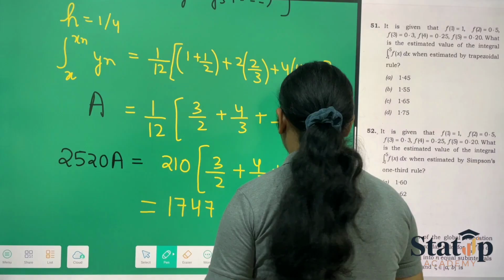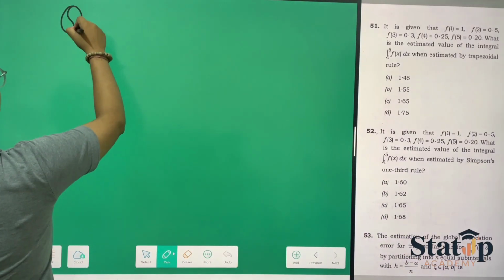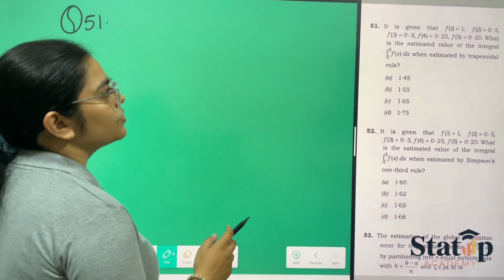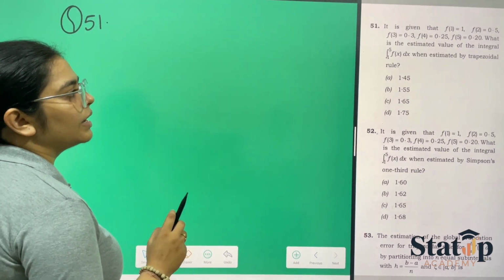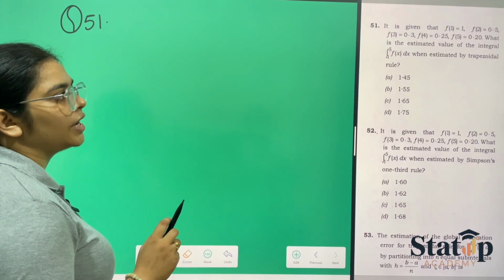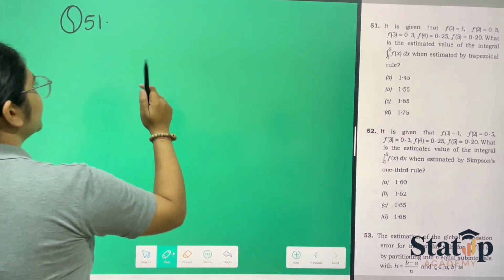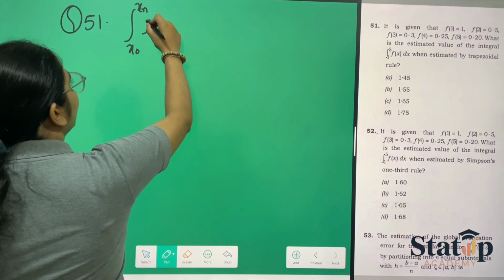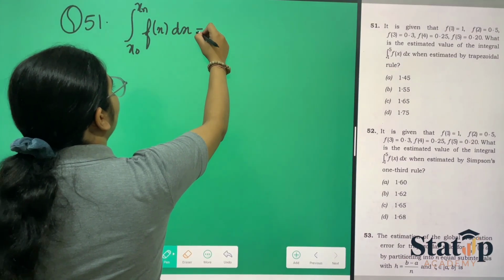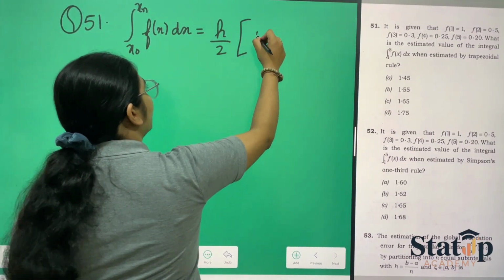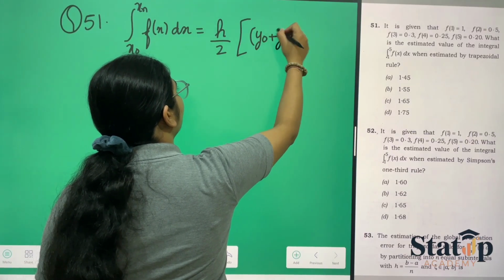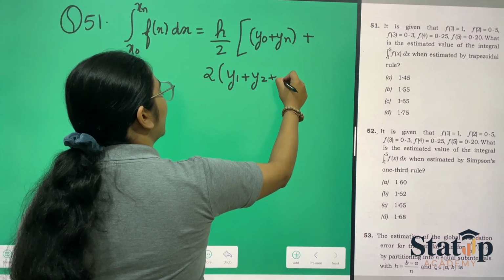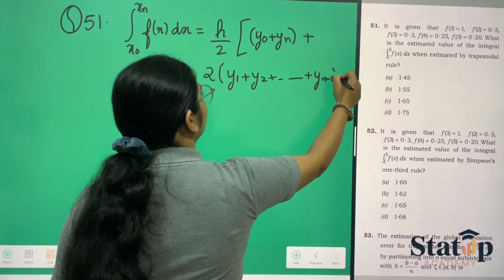Question number 51. Question number 51 has given us the values of f1 to f5, and they have asked us to calculate the integration from 1 to 5 of f(x) by the trapezoidal rule. Now trapezoidal rule has the formula. If we have to calculate the integral from x0 till xn of f(x) dx, then it has the formula h by 2, the sum of first and the last term, plus 2 into all the terms in between, y1 plus y2 and so on till yn minus 1.